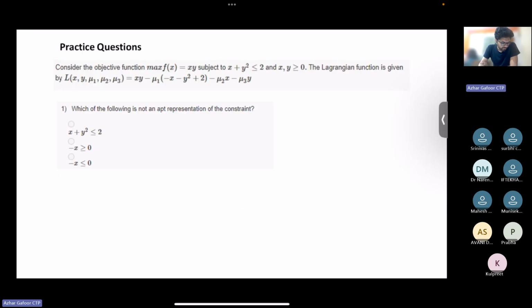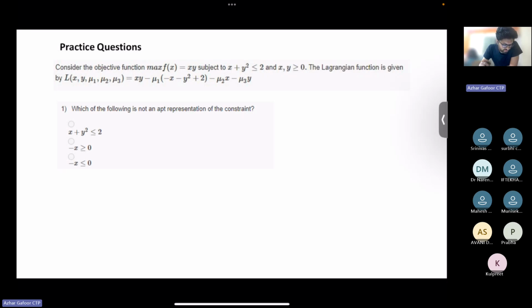Now you have some practice questions. Considering the objective function, that is maximize f of x equal to xy, subject to (x plus y) squared less than or equal to 2, and xy greater than or equal to 0.